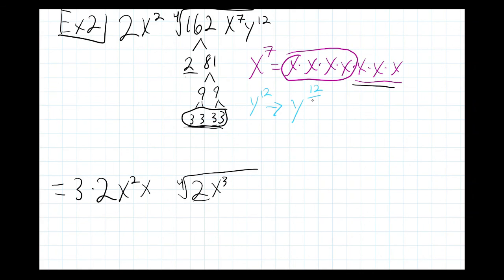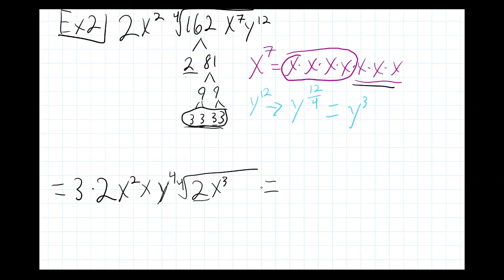So this is y to the 12th divided by 4, and that is going to be equal to y to the third. In other words, there's going to be 3 different groups of 4 y's from y to the 12th. So that means when I move it out in front, I'm getting y to the 3rd there. Since when I divide 4 into 12, I am not getting any remainder, there is no extra y's getting left over underneath my radical.